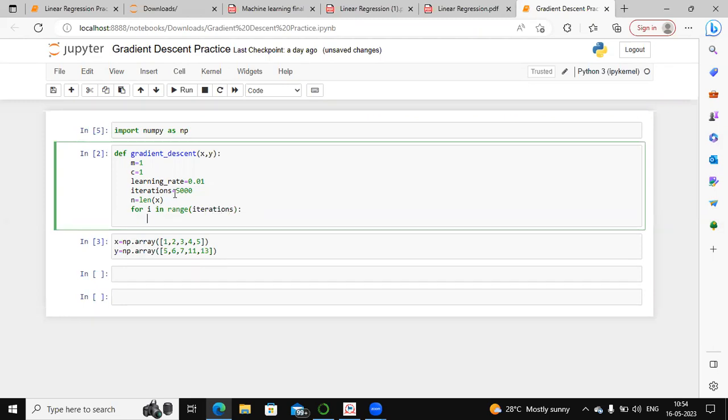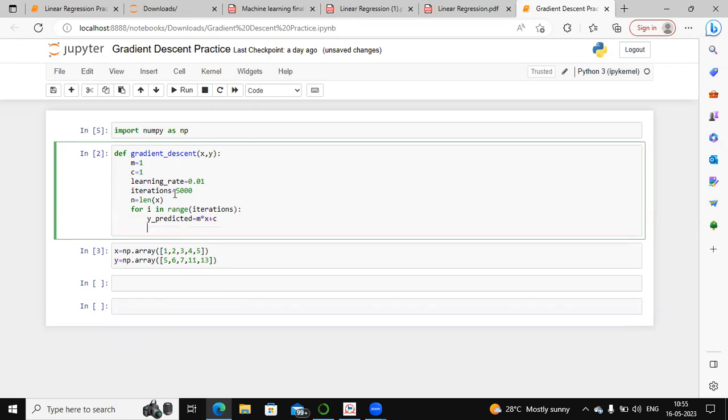You know that y predicted is m into x plus c. This is the equation of our line. And what is our cost function?